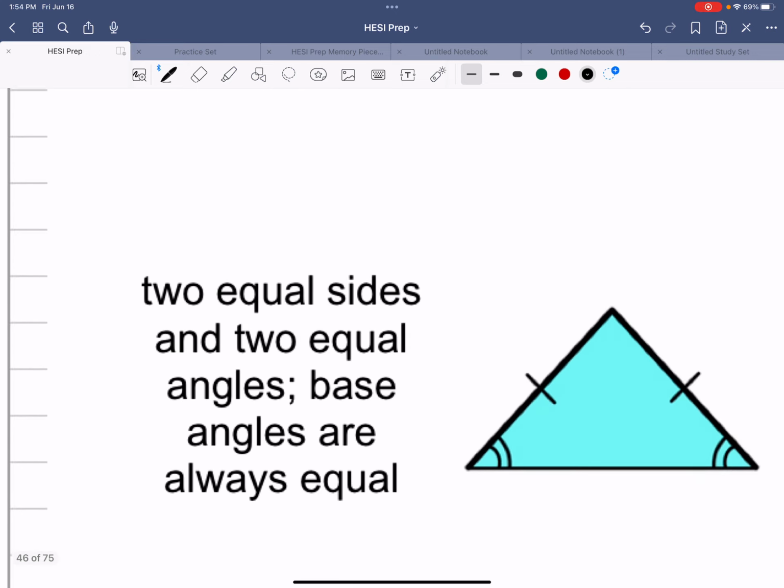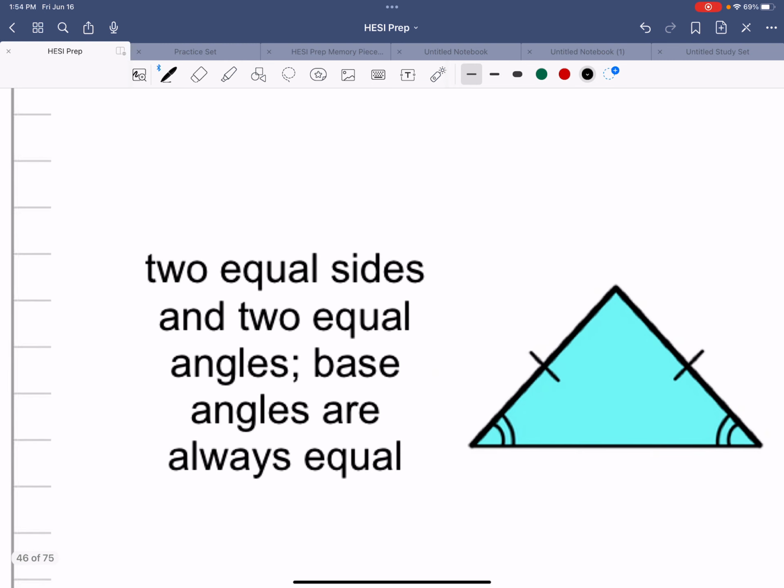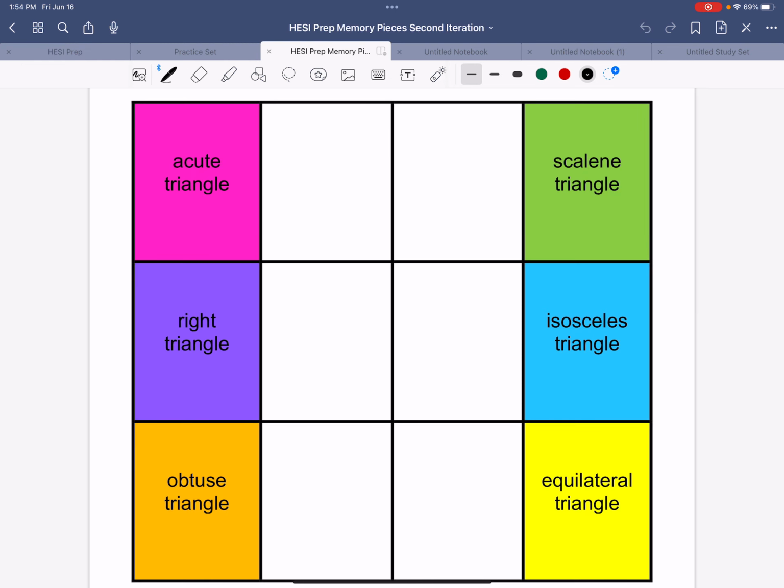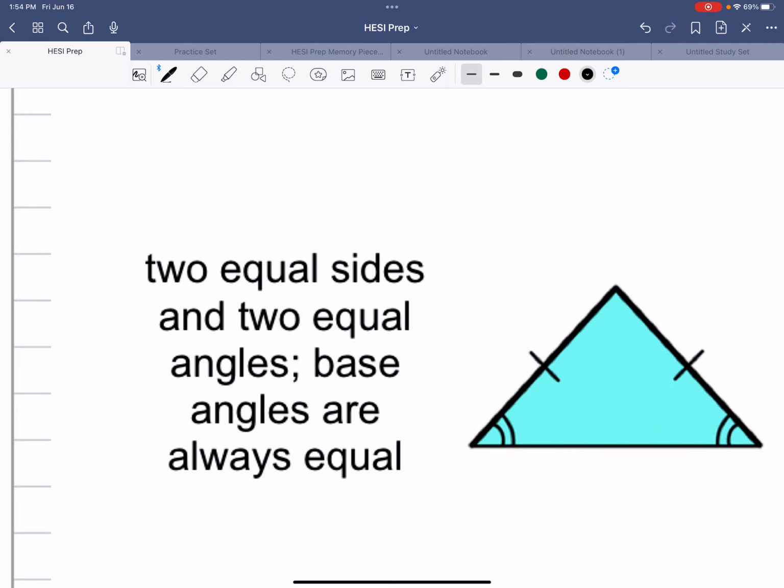Okay, the next one is that aqua blue color. It is the isosceles triangle. Isosceles triangles have two equal sides and two equal angles. Base angles are always equal.